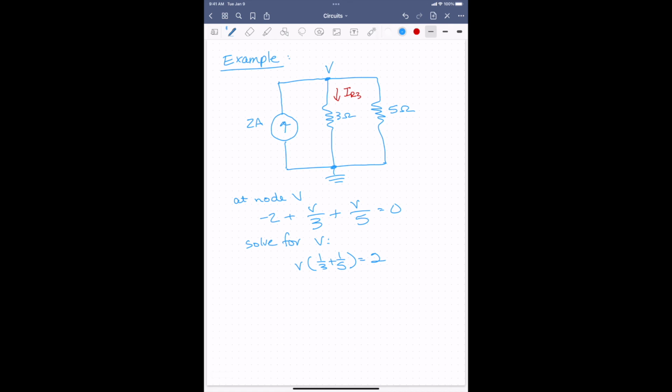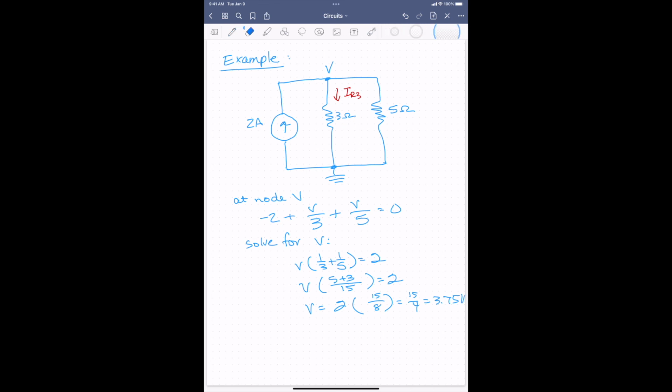And so we'll have V times (5 plus 3) over 15 is equal to 2. So V is equal to 2 times 15 over 8. So that gives me 30/8, which is 15/4, which is 3 3/4 volts, 3.75 volts.